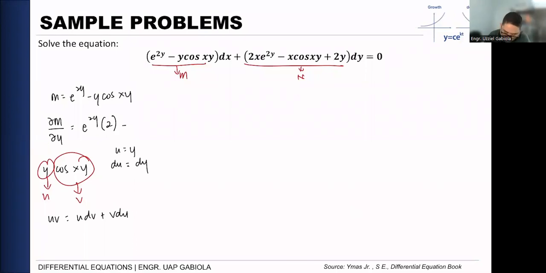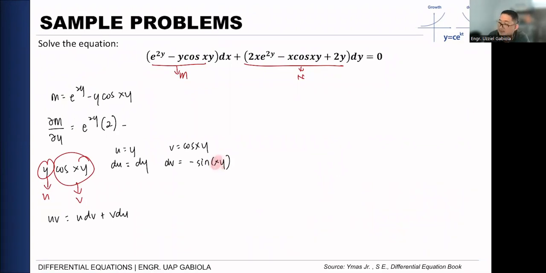Okay? If v is equals to cosine xy, ano ang derivative ng cosine? Negative sine xy. And then derivative ng xy, since partial derivative tayo, treated as constant si x, so ano yung multiply natin?